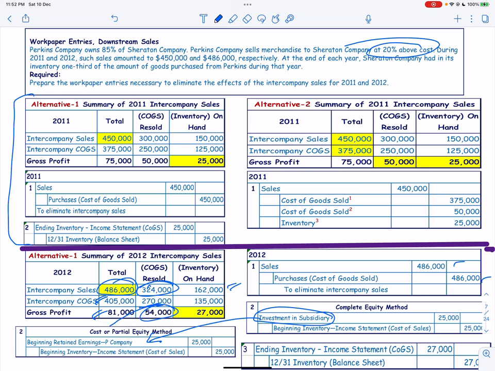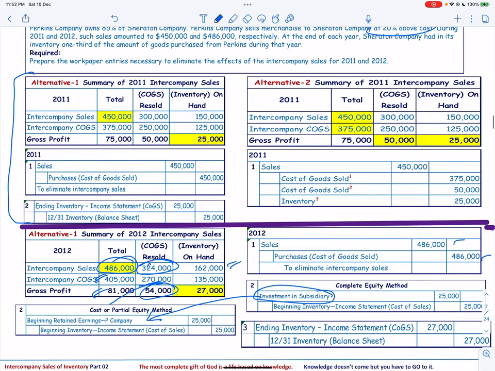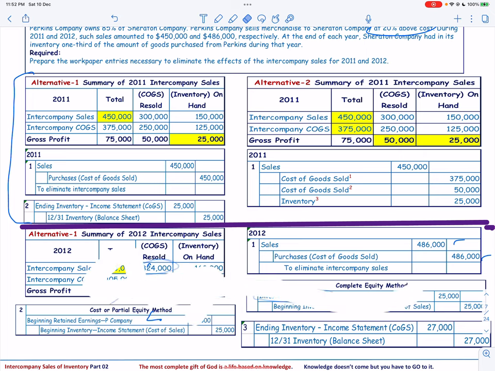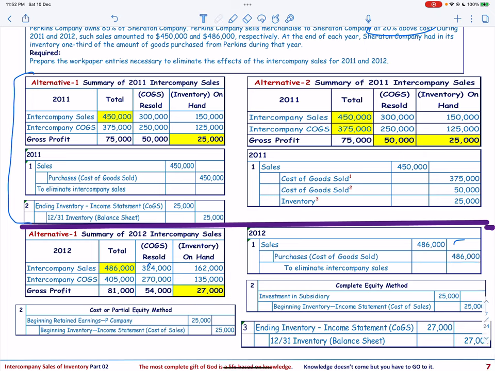Now once again you can see that the actual ending inventory is 135 and not 162. So 27,000 must be eliminated. Although the ending inventory is showing 162,000, it includes 20% of the intercompany profit. So actually the ending inventory is 135 and 27,000 must be eliminated.